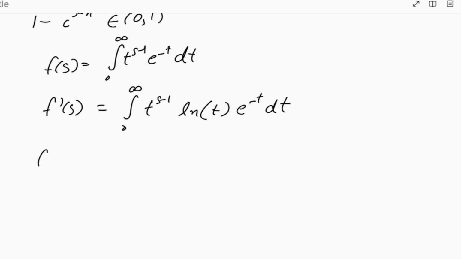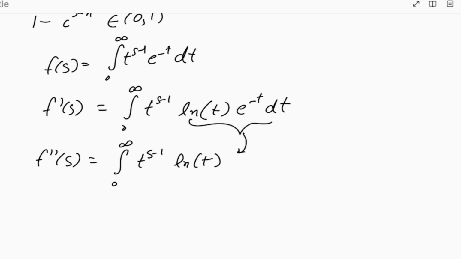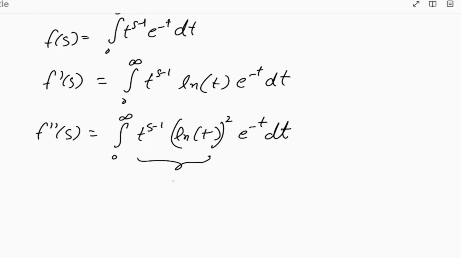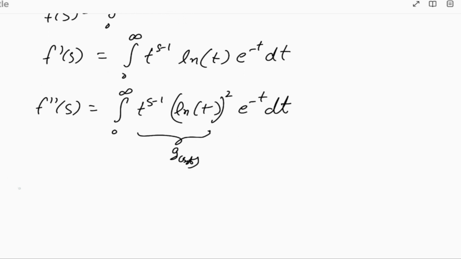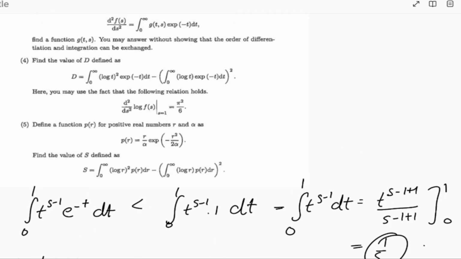This is the first derivative, and similarly for the second derivative, this whole term is a function in t, so that gets ignored again, and I do the same thing with this t^(s minus 1), that's ln t, and this whole term will come here, so I get ln t squared e minus t dt, and they have said that this here is g(s,t), so I get g(s,t) as t^(s minus 1) times ln t whole squared. That's the answer to the third part.